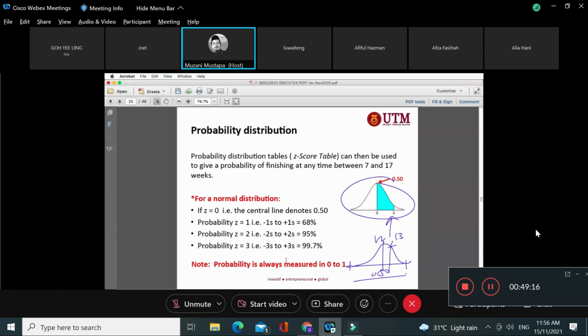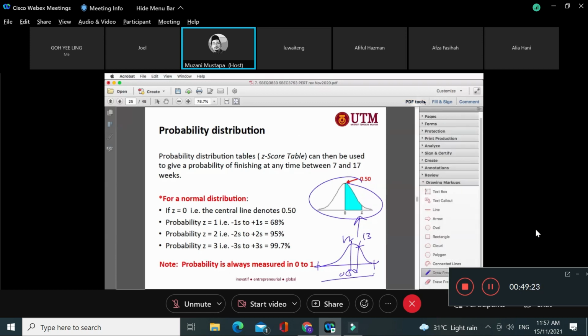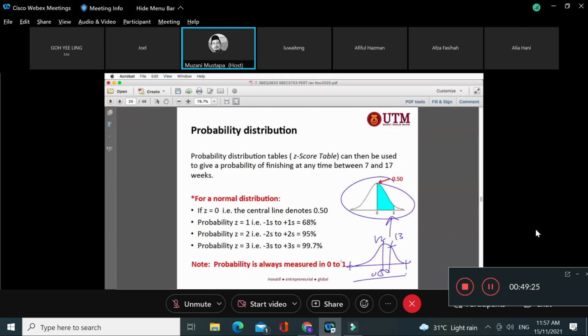So when I say probability, we should understand the keyword is probability. Probability is measured from 0 to 1. 1 stands for certain. Certain means it will be completed. 0 means it will not happen, right?